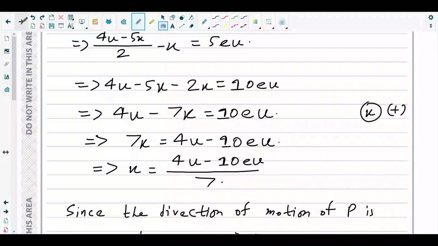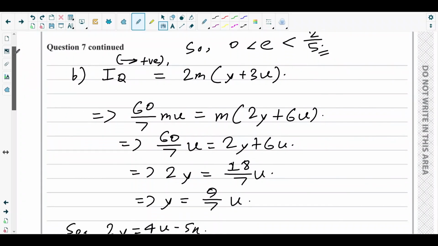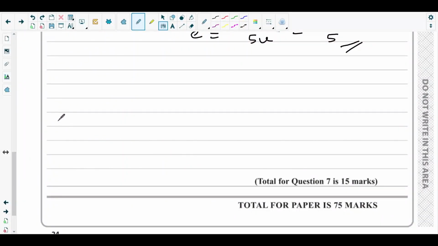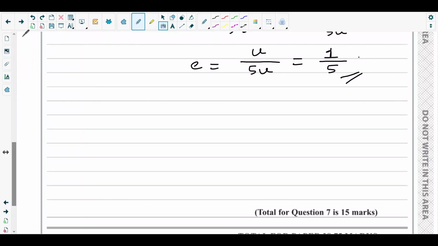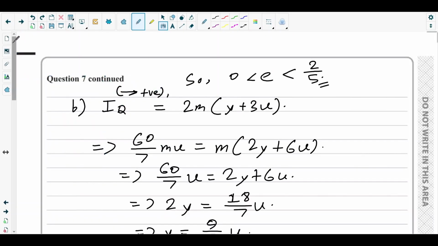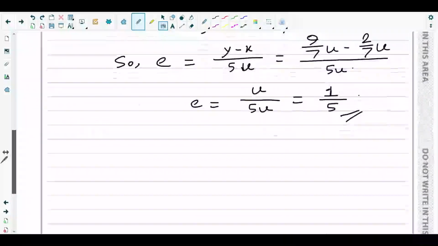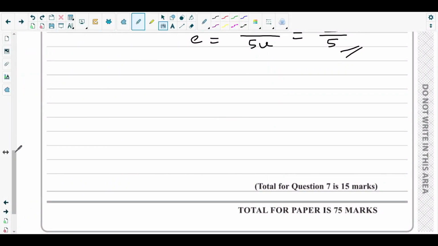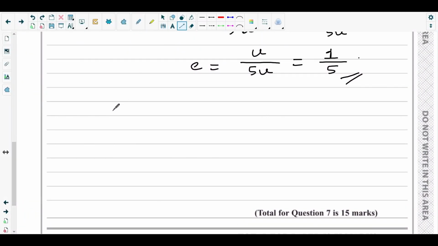So we will use that to approach our answer. So let's consider a blank page here. Look, particle Q will hit the wall here, a fixed vertical wall, and then it will get rebounded.